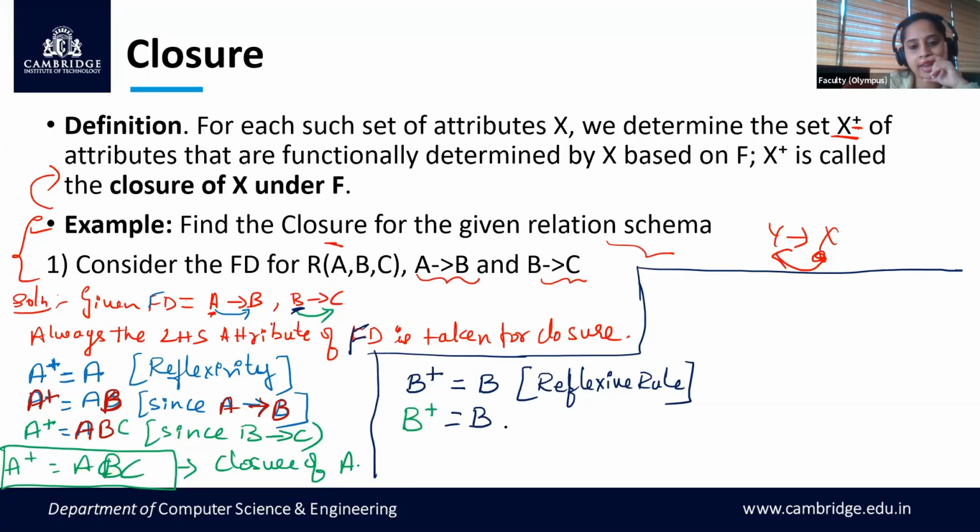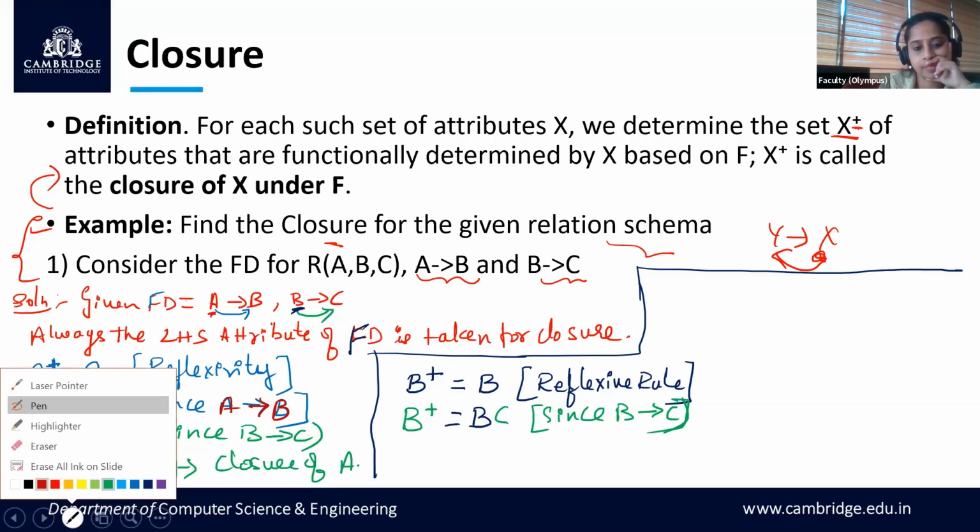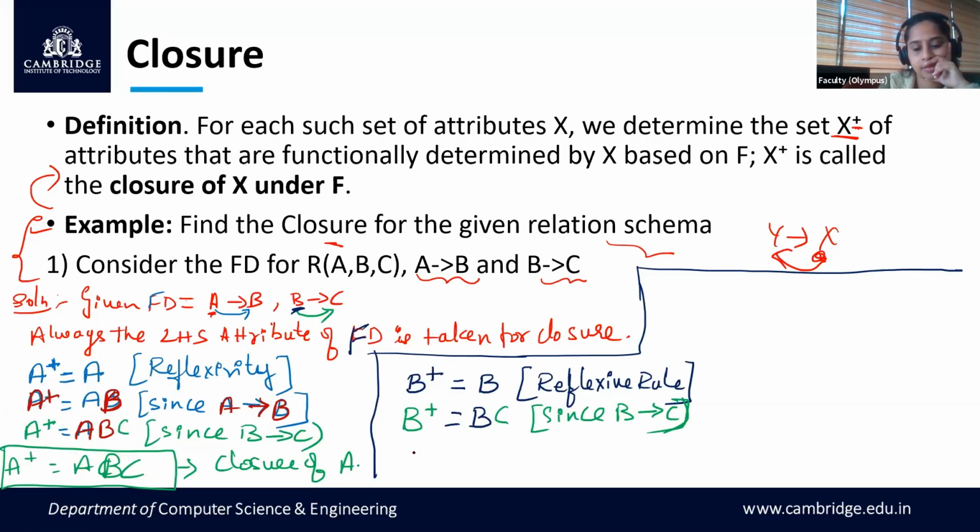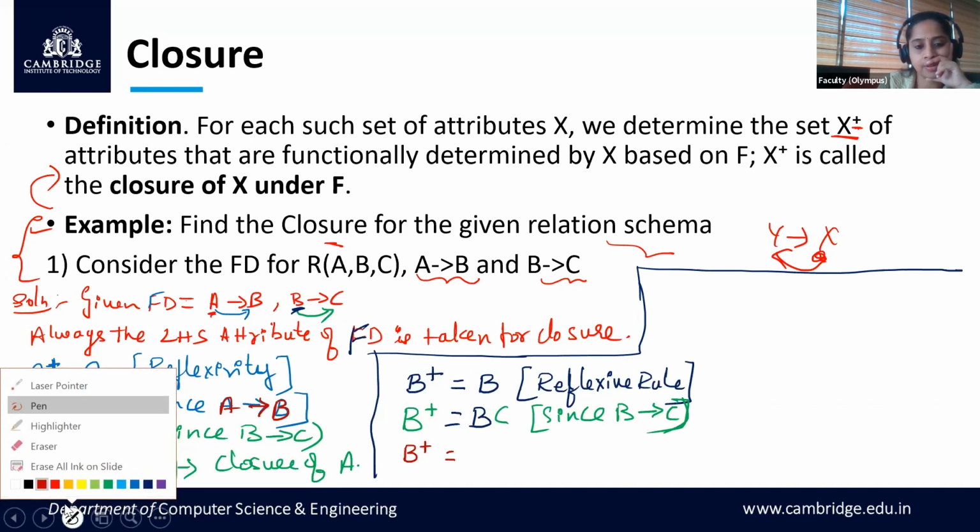Will B derive any attribute? Yes, C, right? Since B determines C. Yeah, next. What is a new one? What will be BC? Can I derive any other attribute?